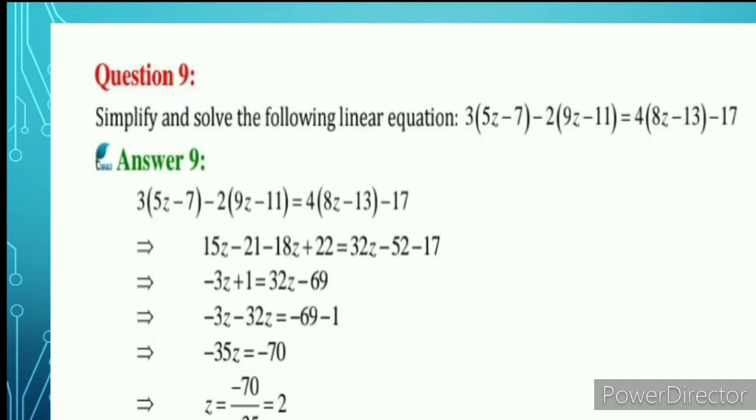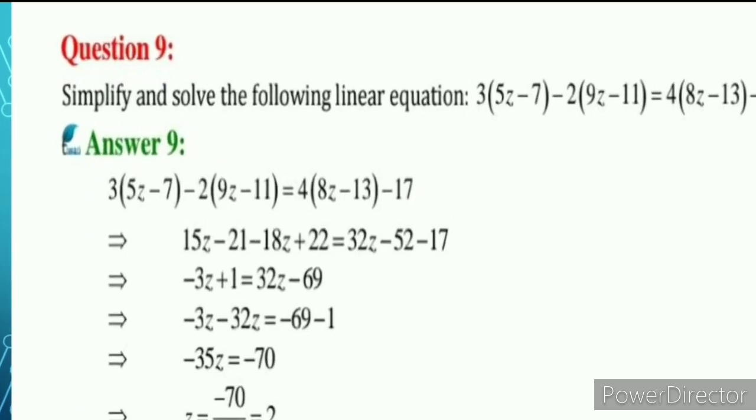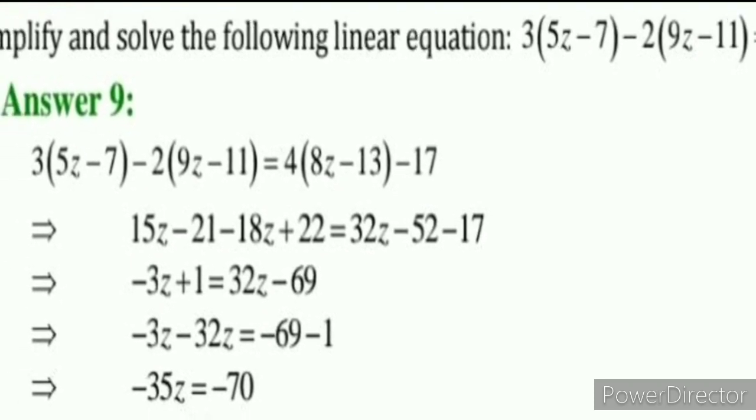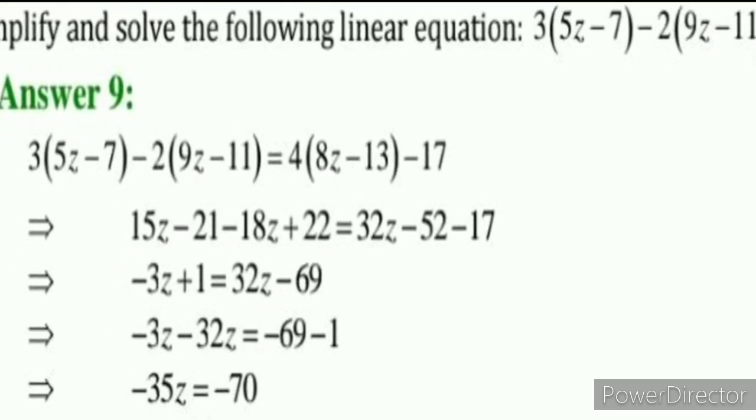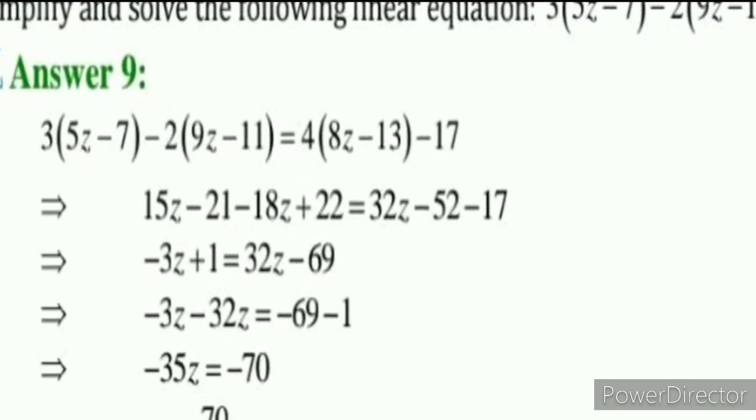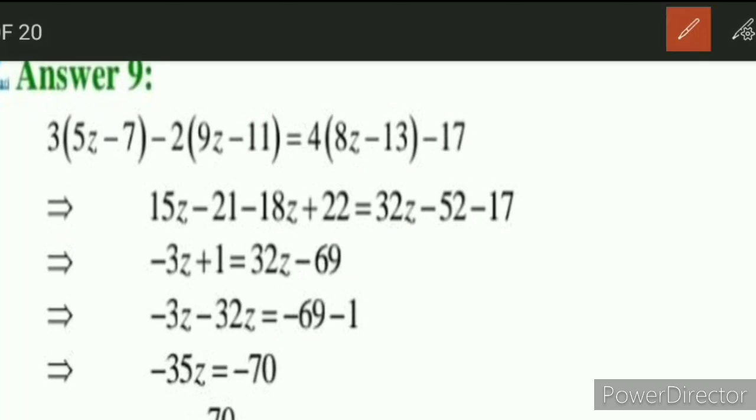This problem I will do now. It is very easy because there are no fractions, just removing the brackets and simplifying. That's all. See, I will explain here, children. To remove the first bracket we should multiply with 3. 3 into 5z is 15z. You should multiply 3 into both the terms.